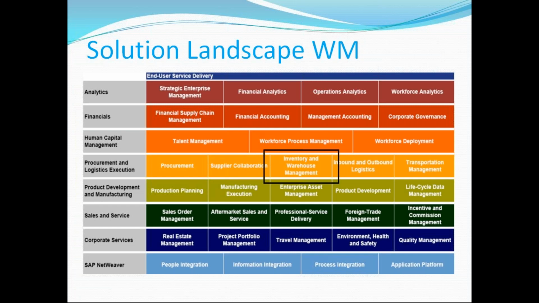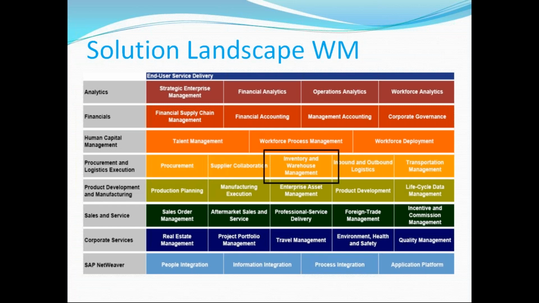That means how your procurement of the material is taken care of in the SAP system. It could be external procurement or internal procurement as well. Internal from your internal production plan, external from the external vendor.